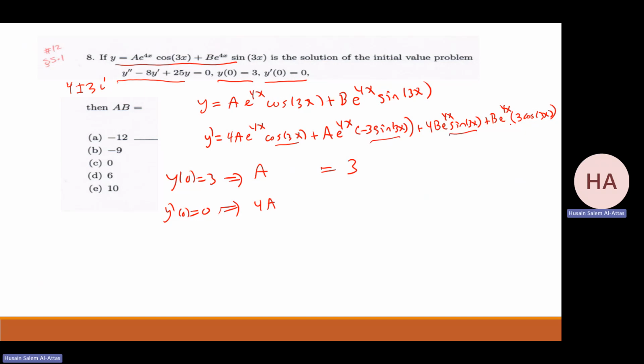This is 0. Plus 3B equals 0. So I have 3B, since this is 3, equal to minus 12. So B equals minus 4. So A times B is 3 times minus 4, which is minus 12. Which is this.